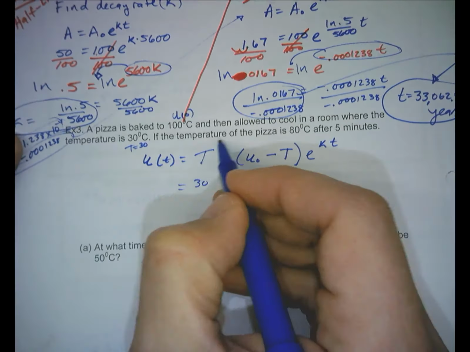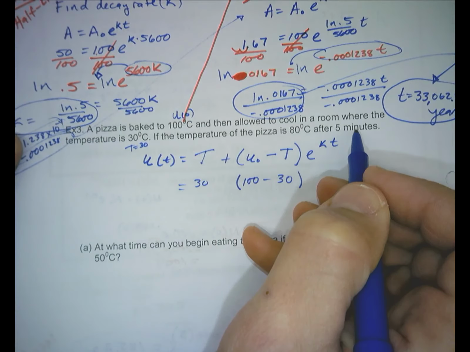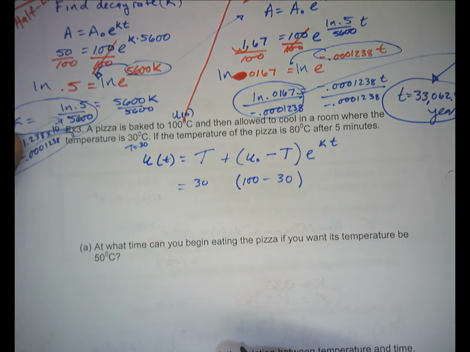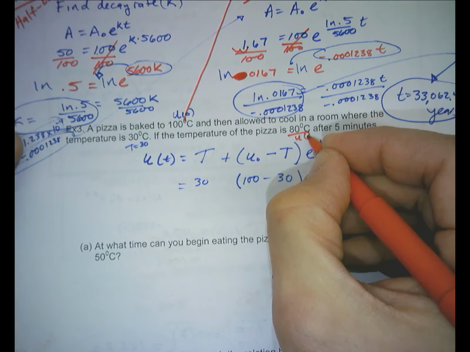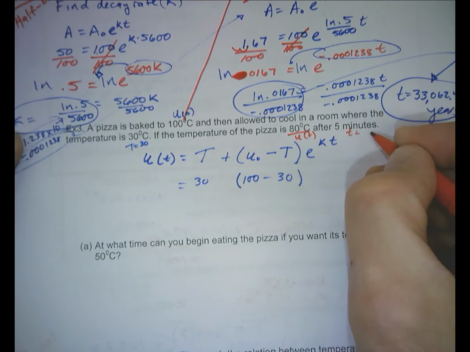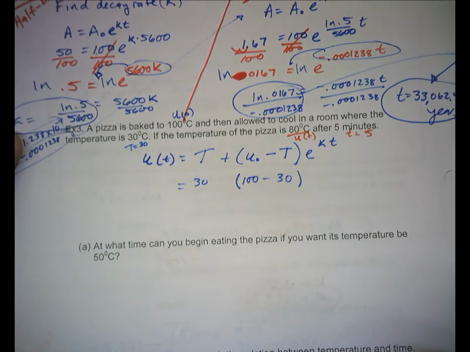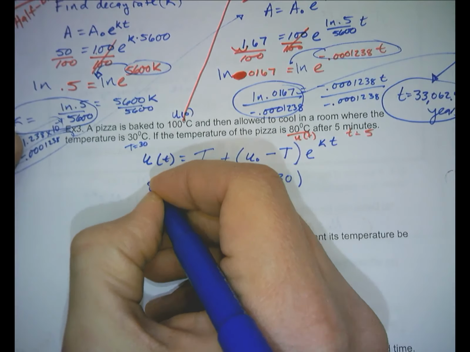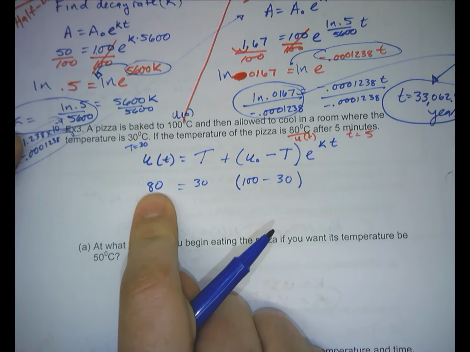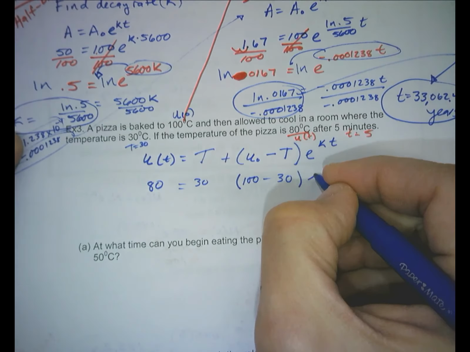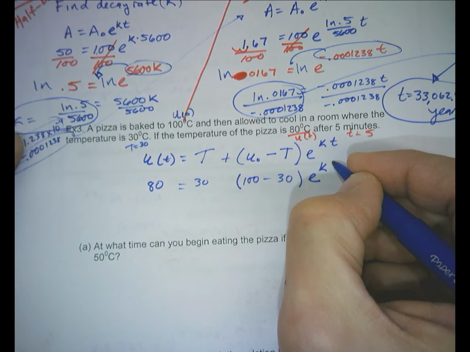If the temperature of the pizza is 80 degrees Celsius after 5 minutes, well, we can find the K value. So they give us t and U of t. So U of t we know is 80 degrees Celsius. It started at 100, and after 5 minutes it went down to 80 degrees. Well, now I can find my K value.